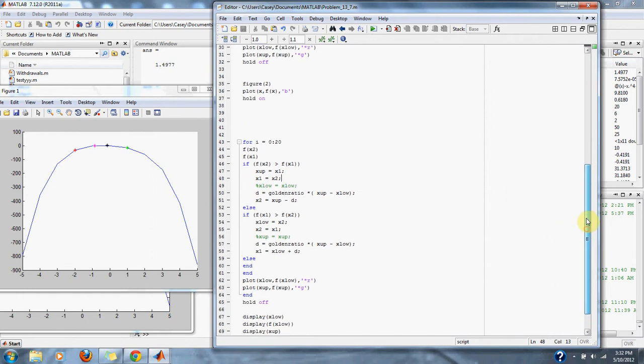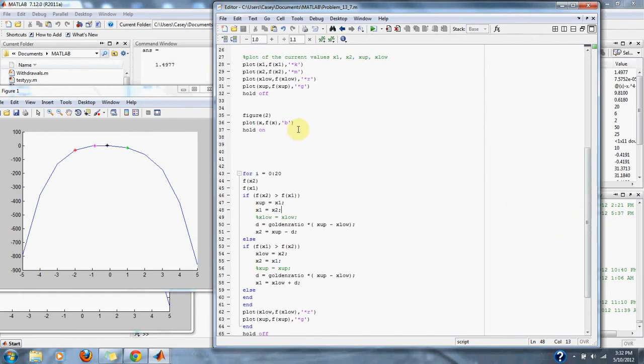And so, just like said before, if our x2 in black is greater than our x1 in pink, then we will replace our x upper here in green with x1, which is here in black.